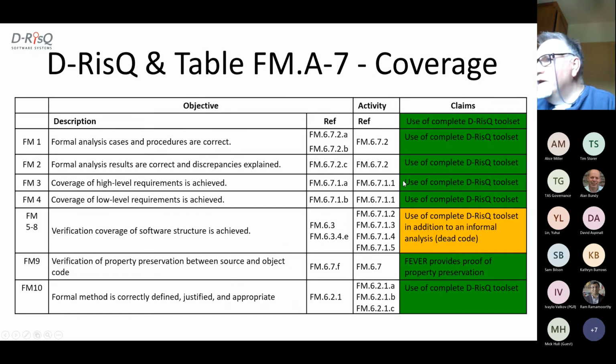So here you get greens mostly, apart from here where it's the verification coverage of software structure is achieved. That's this aspect of dead code I was talking about, trying to identify that. So the Fever tool that we're developing can identify semantically impossible paths, but that isn't necessarily dead code. Dead code would be semantically impossible to execute, but you know what I'm talking about.